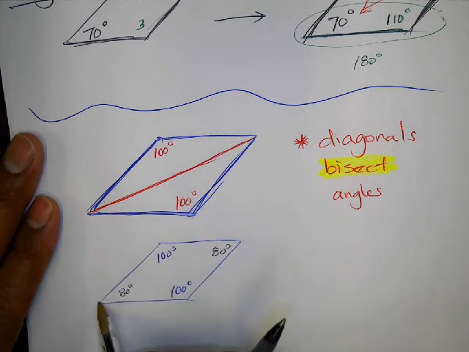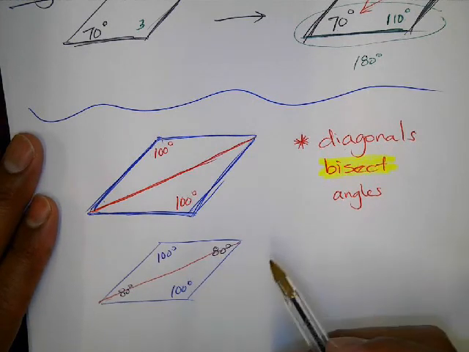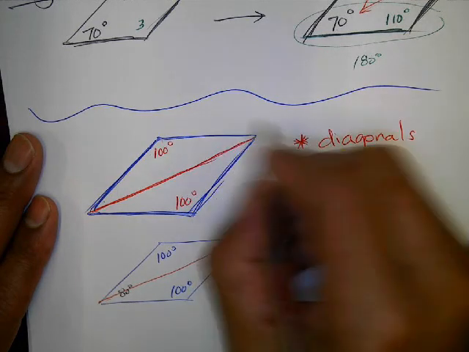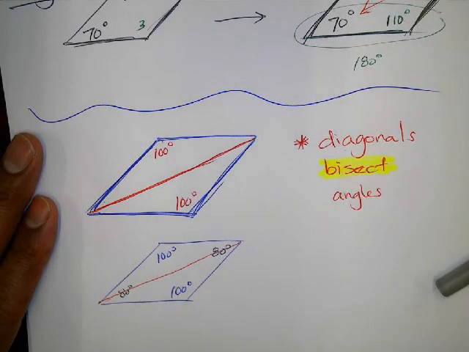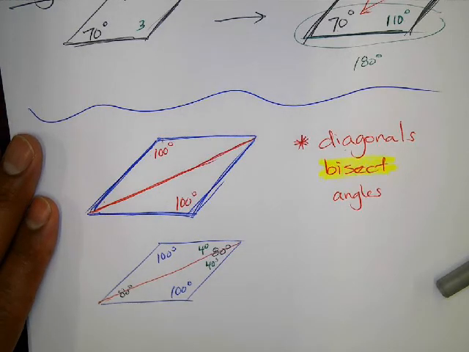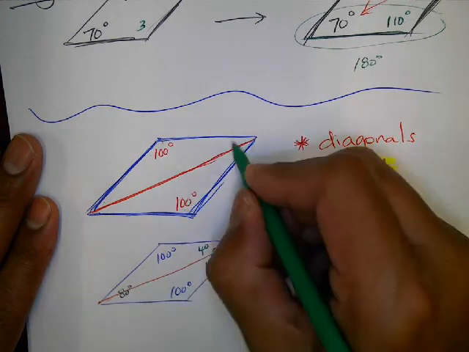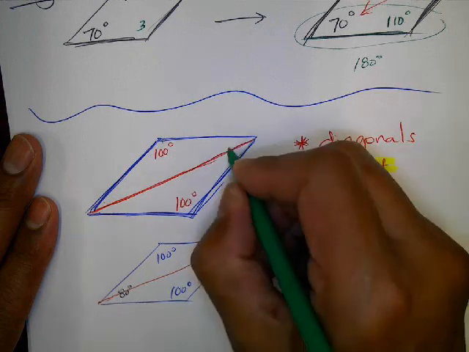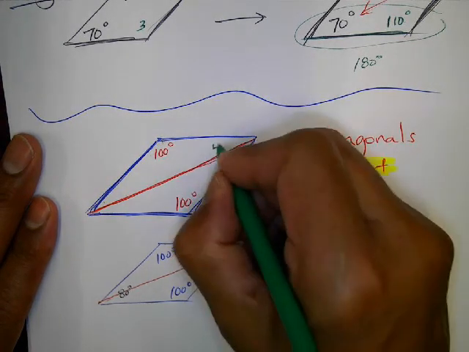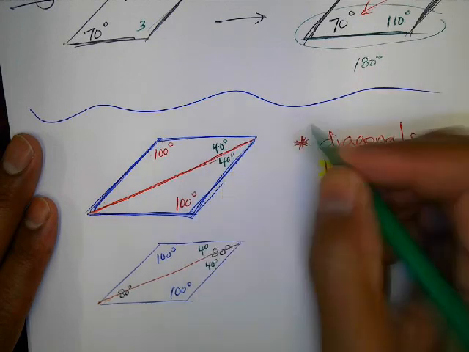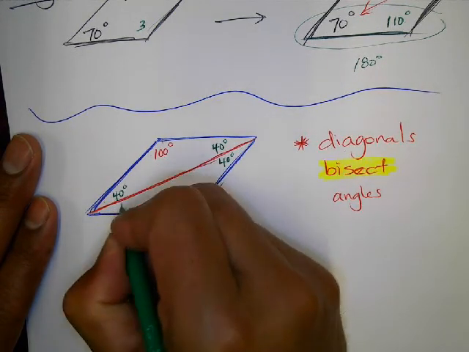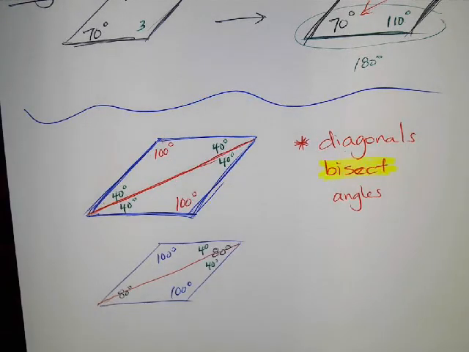But look, it just got bisected. This diagonal bisected it. So what do you think that means? If it's 80, this thing that measures 80 right here got cut into what? 40 and 40. You see, so this is 100. These two add up to 80, or this whole big angle is 80, but now this would have to be 40, 40, and this one's also 80, right?